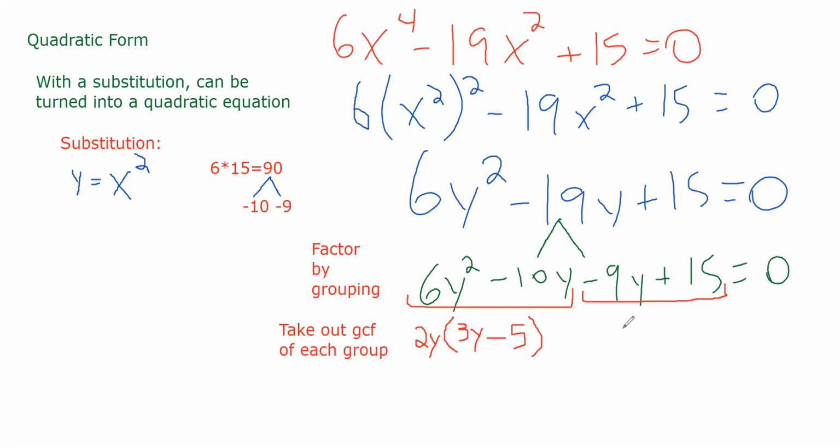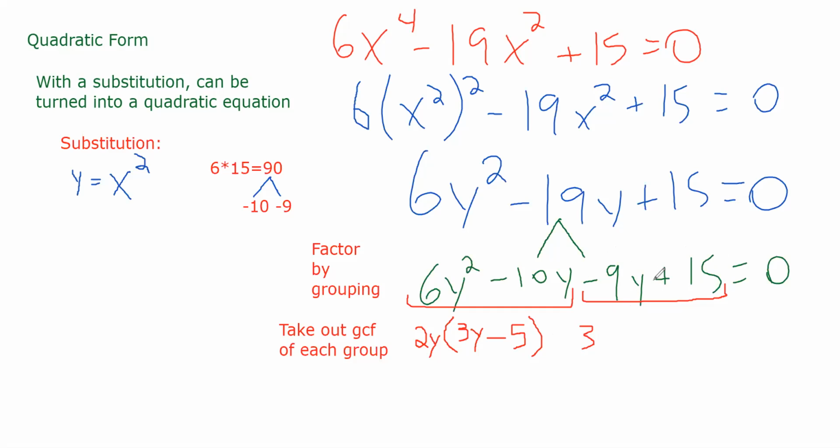So we take the GCF out of group 1. Out of group 2, we're also going to take the GCF out. But here's a hint: we don't want to lead with a negative number. So I'm actually going to take out, we see that the GCF would be 3, because 3 is the largest number that divides into both 9 and 15.